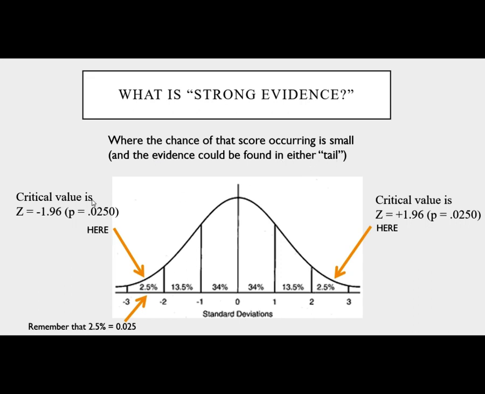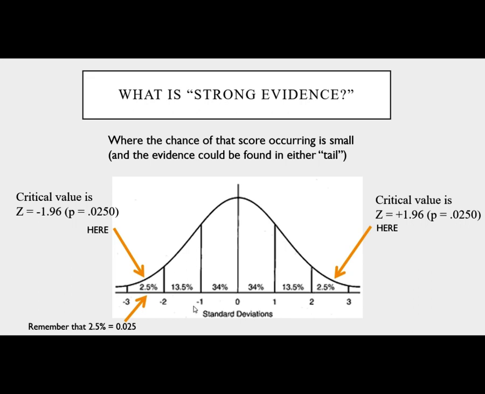So we have a critical value. We said 2.5% of the probability here and 2.5% of the probability here. And I've just been rounding and saying plus or minus 2, but actually the z-score is at plus 1.96 and minus 1.96. So almost 2 standard deviations, but not quite.